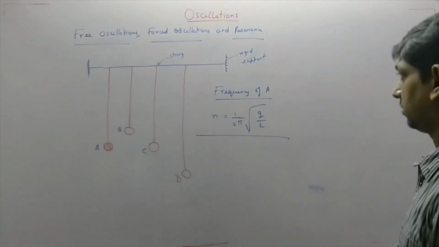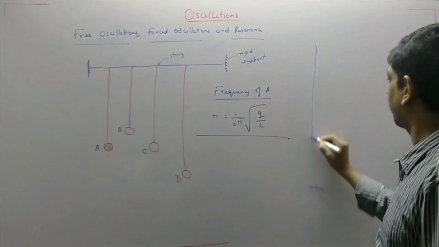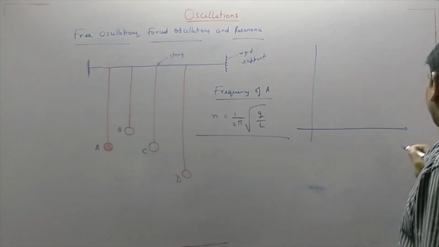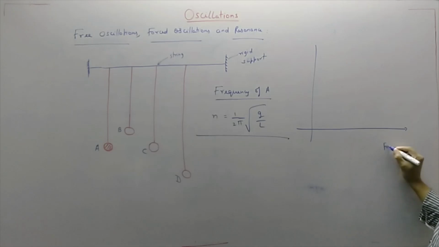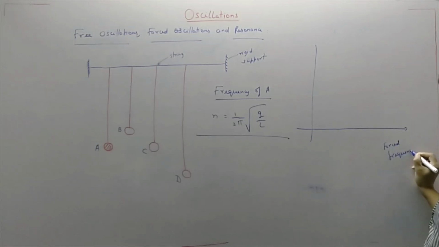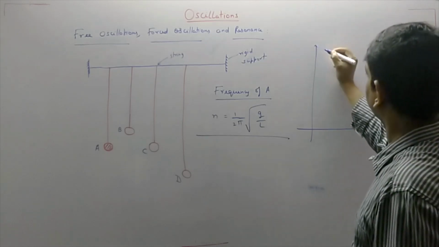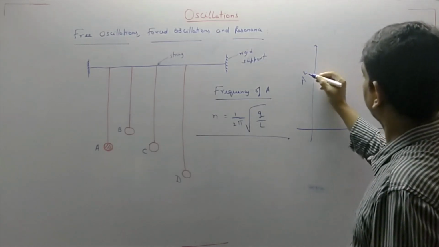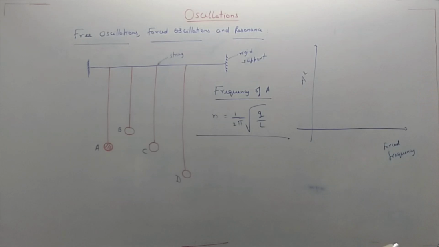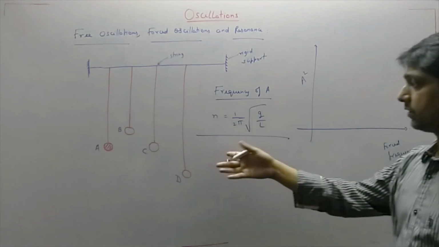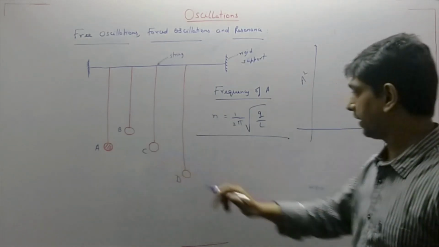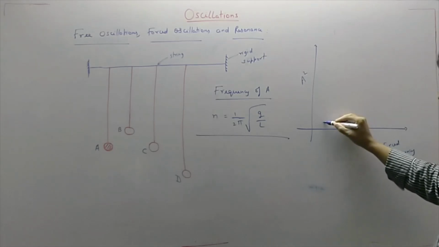Moreover, we should know the graph which is given to you. We have forced frequency and we have amplitude squared. When we repeat this event over more time, we can get a graph something like this.